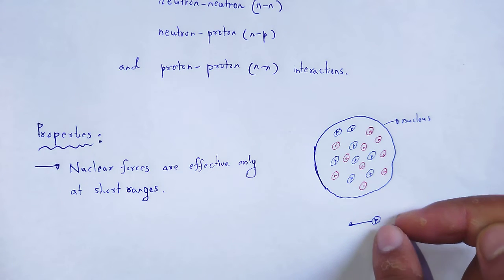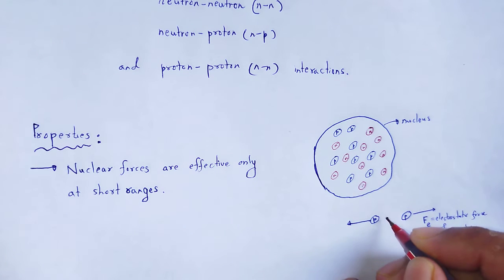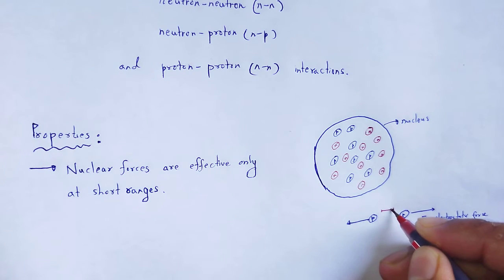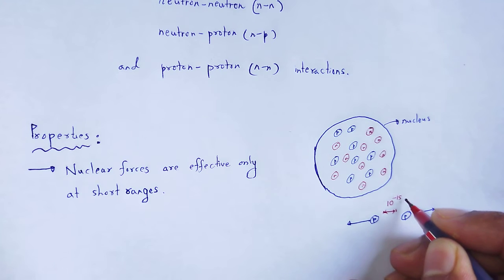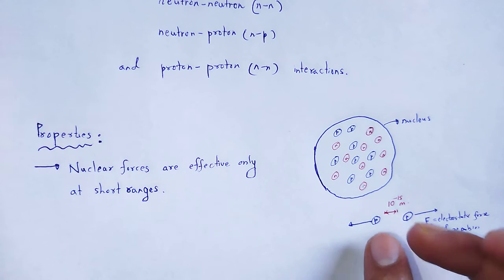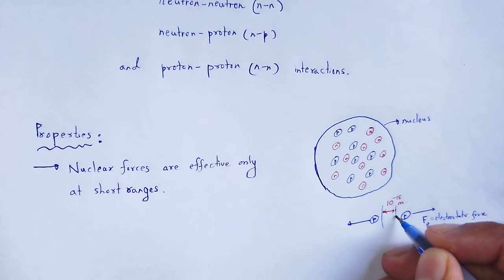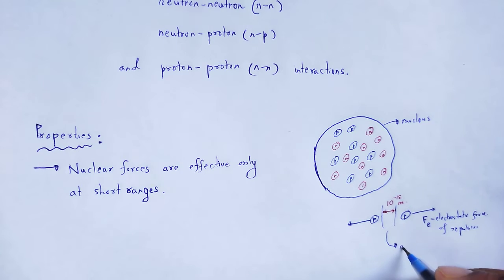If these protons are very close to each other, when the distance between them is 10 to the power minus 15 meter, then at that point we see the nuclear force.